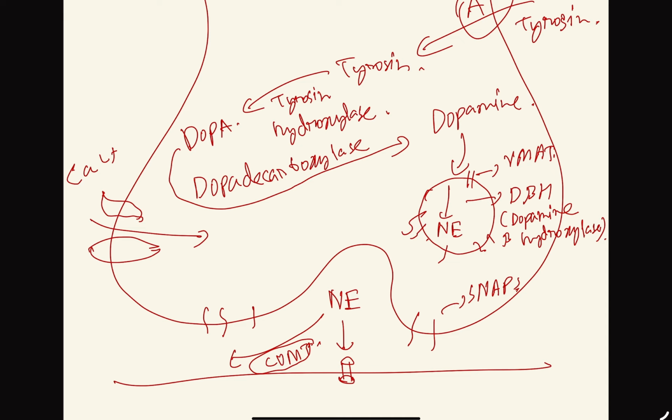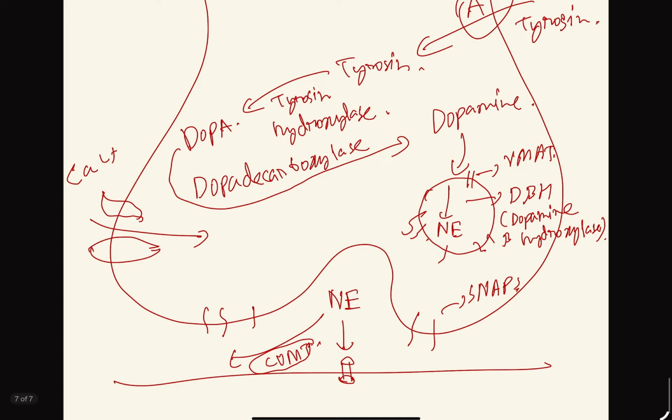COMT means catechol O methyl transferase. Catechol O methyl transferase metabolizes the catecholamines, which have catechol rings. We will talk about the catecholamines in other videos, obviously. Just know that catechol O methyl transferase metabolizes the catecholamines.